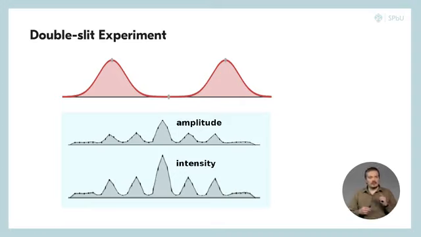When we perform this experiment with waves, there are no particles to count. So instead of particles, we measure the characteristic of the wave called intensity. And the resulting graph for this intensity with both slits opened is not at all the sum of the intensities with the slits opened separately.